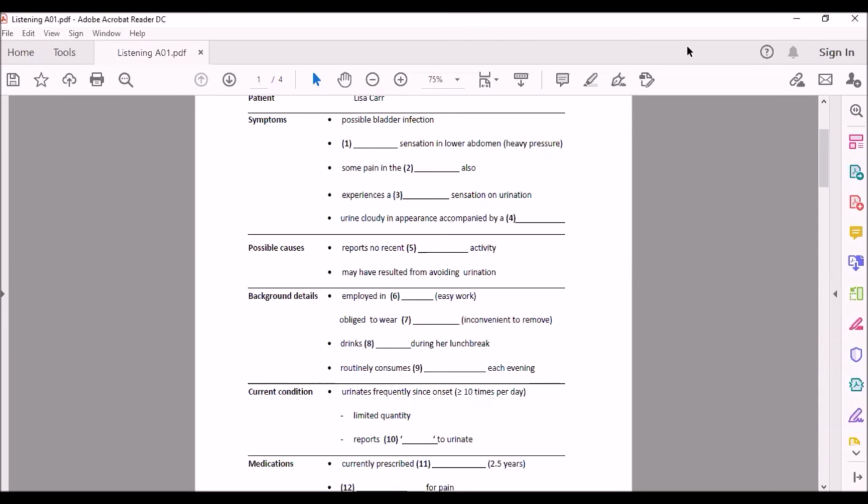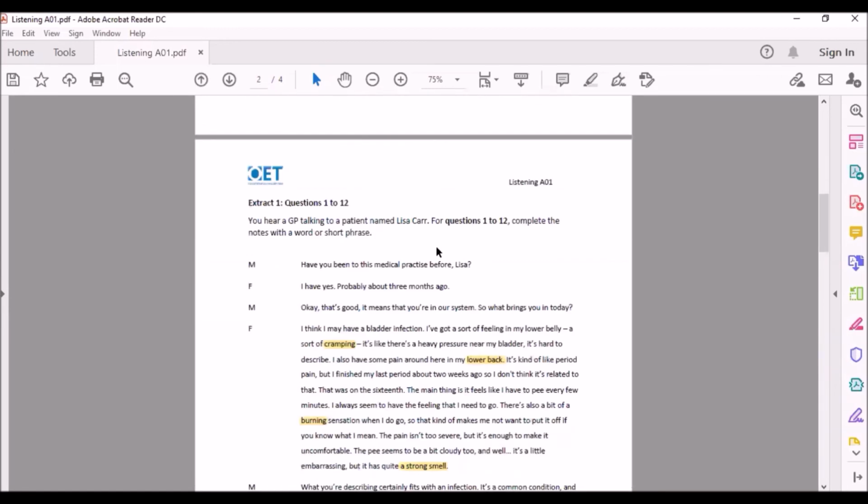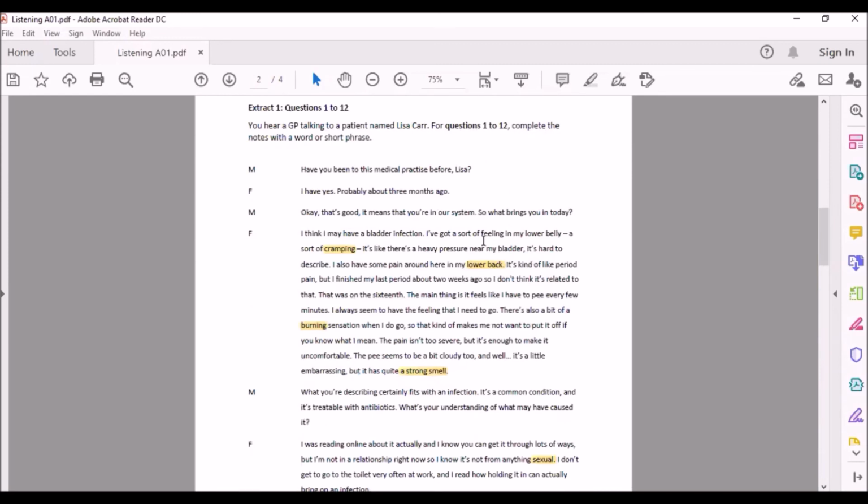Wow, what was that? So, at home, I'm going to send you this PDF with the questions. Then you have the transcript, and I just highlighted the answers.